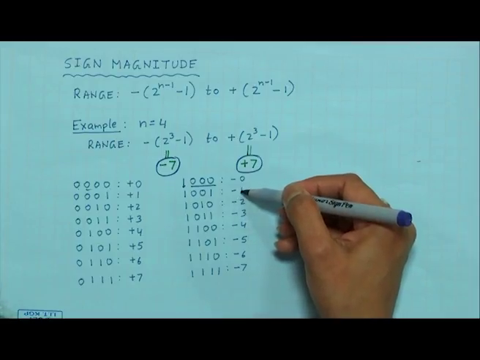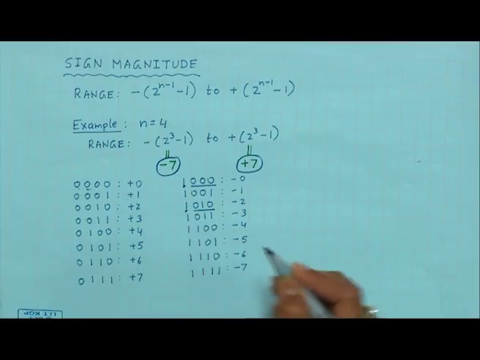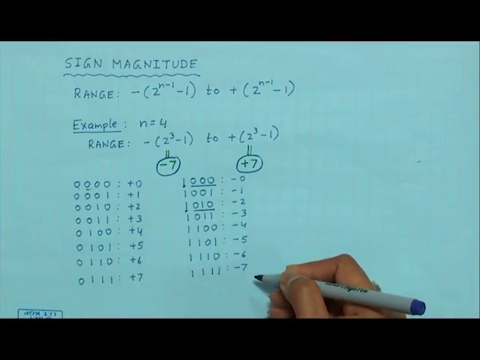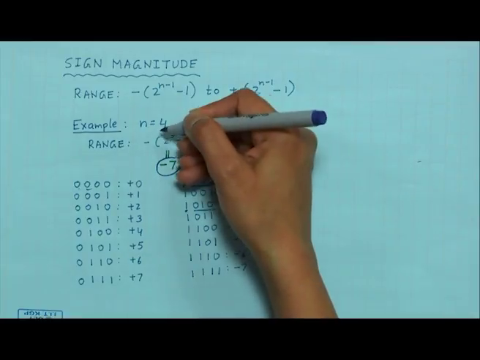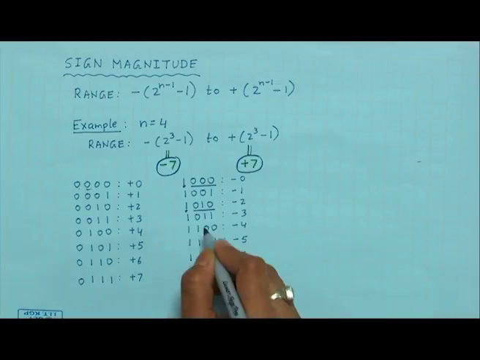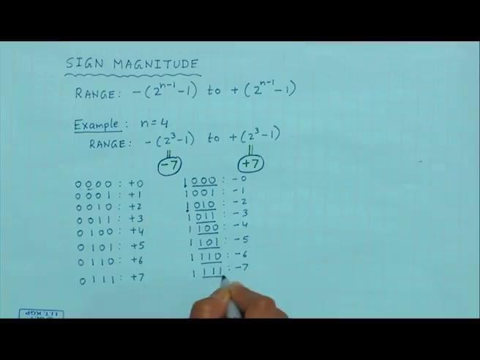Then we have minus 1, minus 2. This part represents the magnitude and this represents the sign. This is how we can represent the set of numbers for n equals 4 using sign magnitude representation.